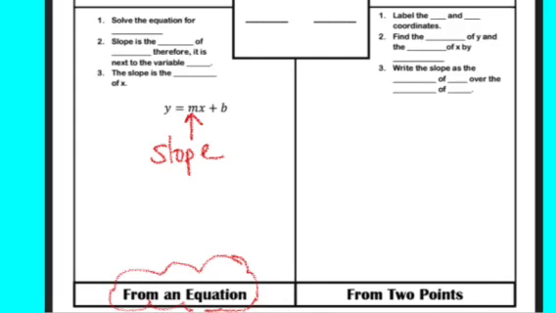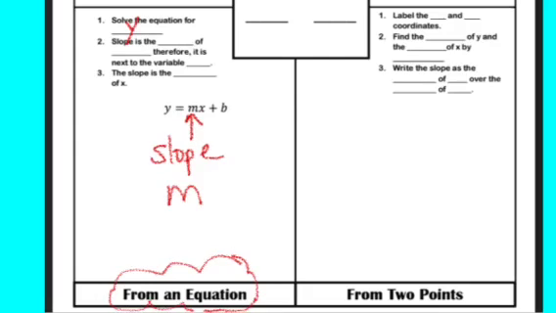Now we have a new name for it in this equation, y equals mx plus b. Slope is going to be referred to by the letter m. You can think of m as standing for mountain, and mountains have slopes, so that may help you remember it. So it's important that the equation is solved for y.